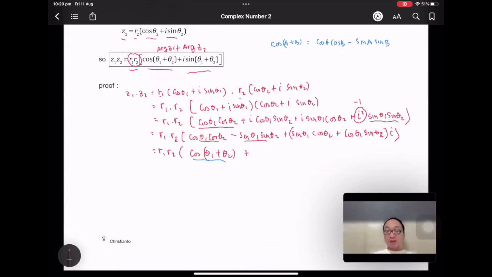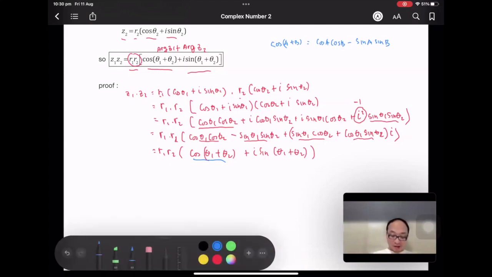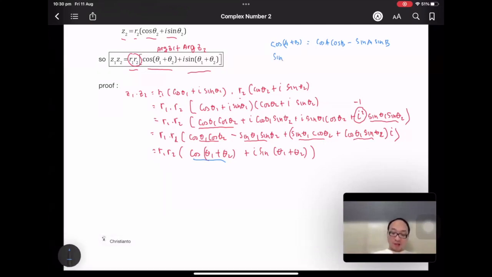And for the imaginary part, we have sin theta1 cos theta2 plus cos theta1 sin theta2, and this is sin(theta1 plus theta2), times i. We use the formula sin(A plus B) is sin A cos B plus cos A sin B.